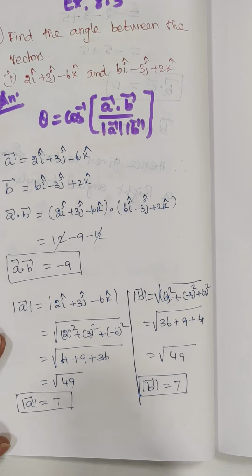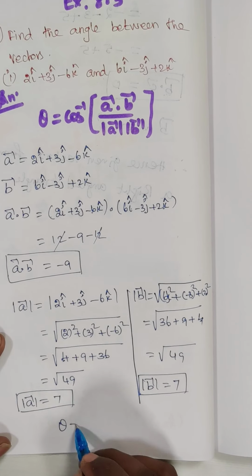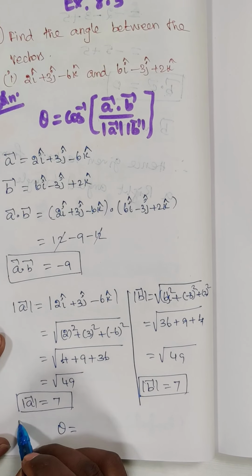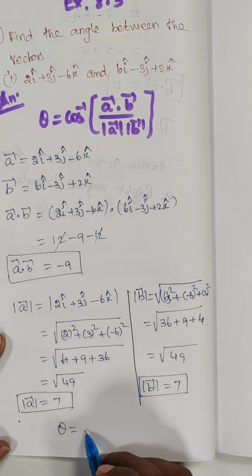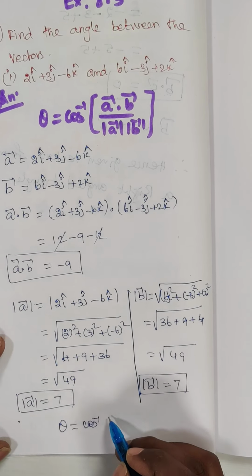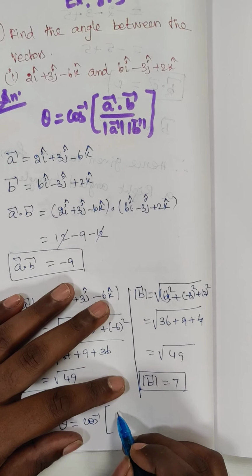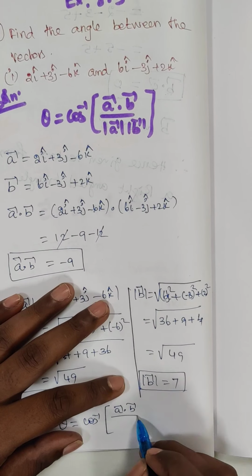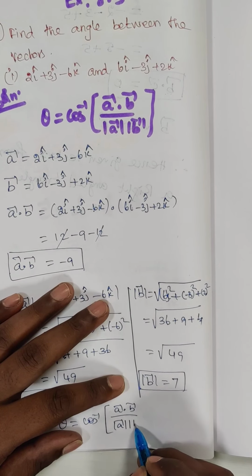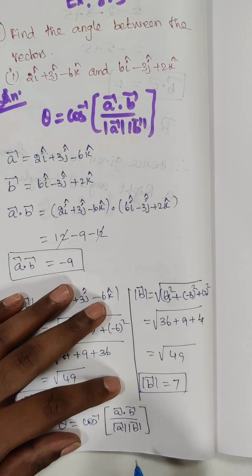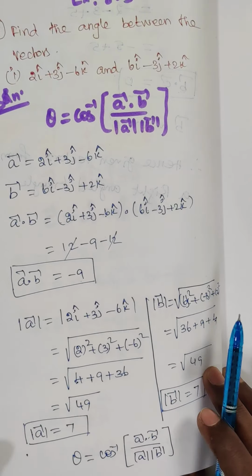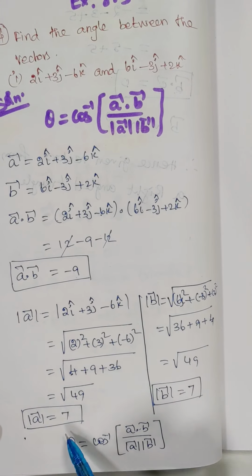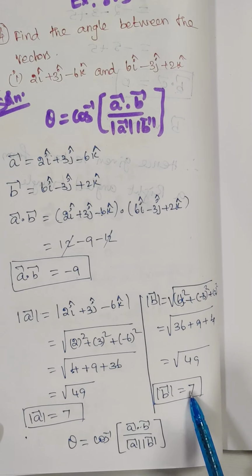So theta, where a vector and b vector make the angle between two vectors, is equal to cos inverse of a vector dot b vector by modulus of a vector modulus of b vector. So a dot b value minus 9, modulus of a value is 7, modulus of b value is 7.